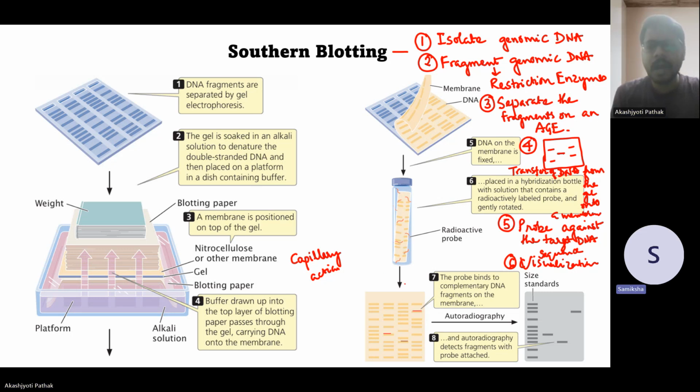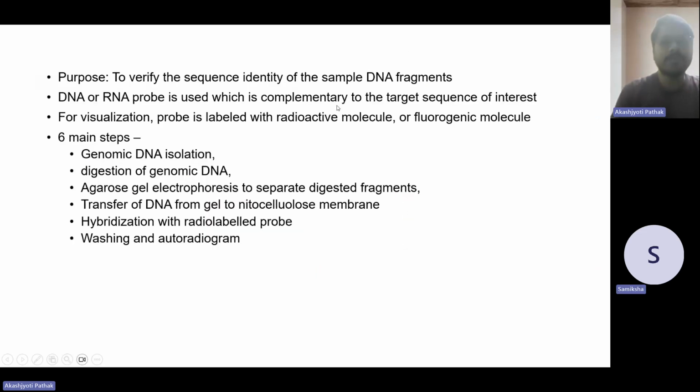After this step, the probe will bind to sequences that are complementary to the probe sequence. Then you can do autoradiography to detect fragments with probe attached.